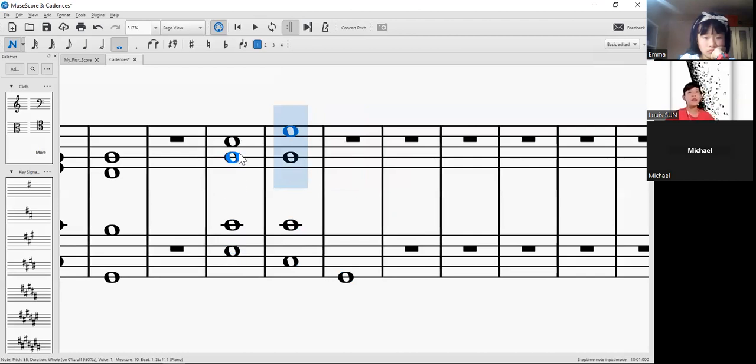do something very neat called a voice exchange. Voice exchange happens when the soprano and the bass move in contrary motion and exchange notes with each other, hence the name. So bass is singing E, soprano is singing C, and in the next chord, they exchange voices.